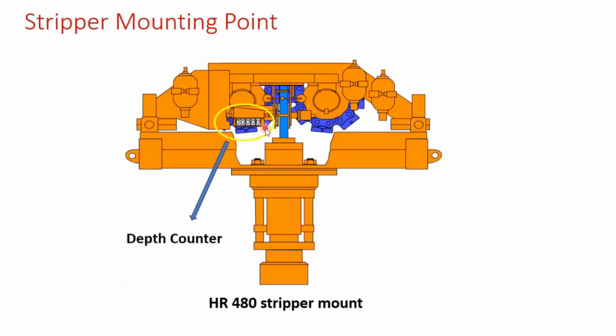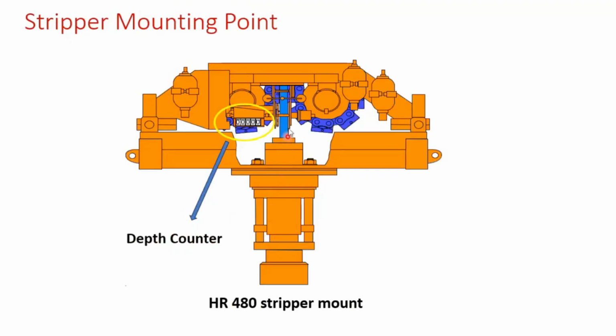As we see here, the depth counter, as we said, has dials of the mechanical depth counter. This works by means of rotating sheaves. These small sheaves are mechanically touching the coiled tubing itself.